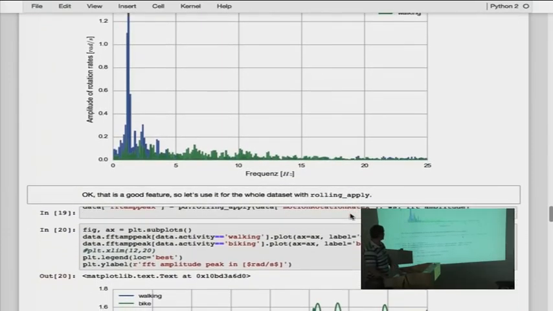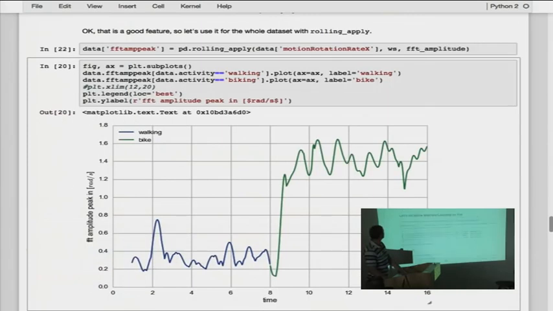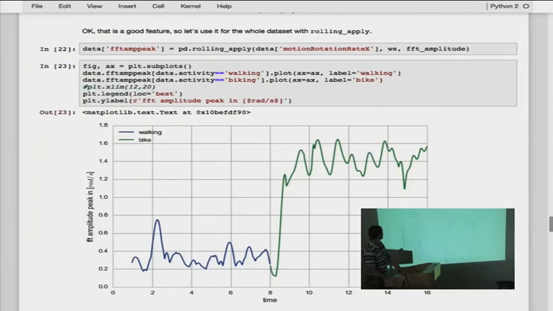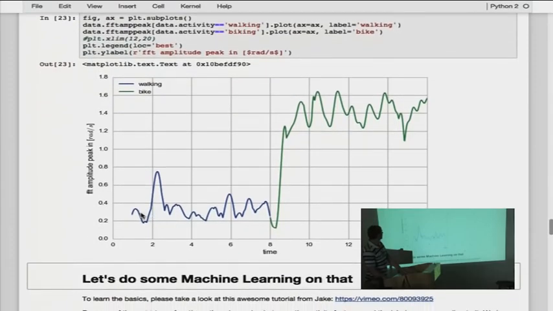And now we've done that. You see, this is walking, the FFT amplitude peak in radians per second, so the rotation rates. Here you have walking, and that's biking.